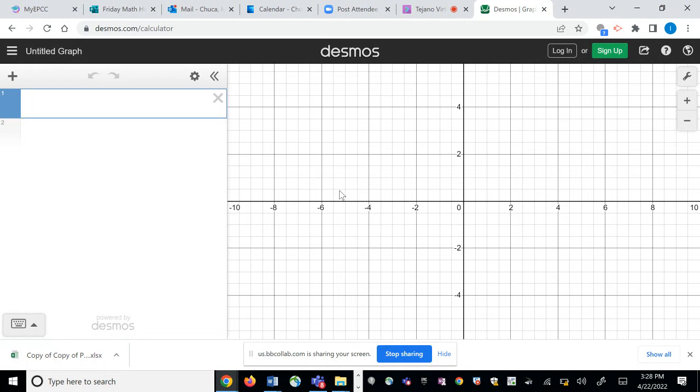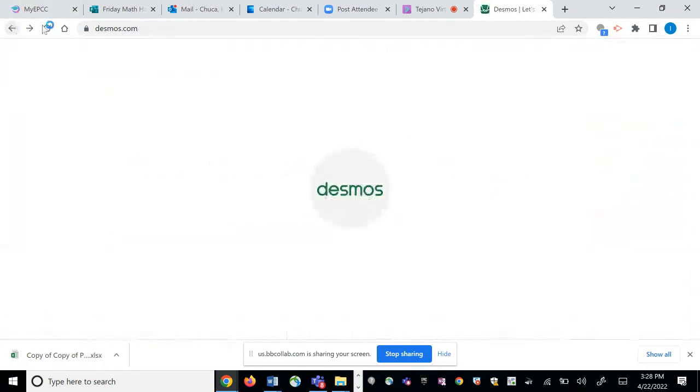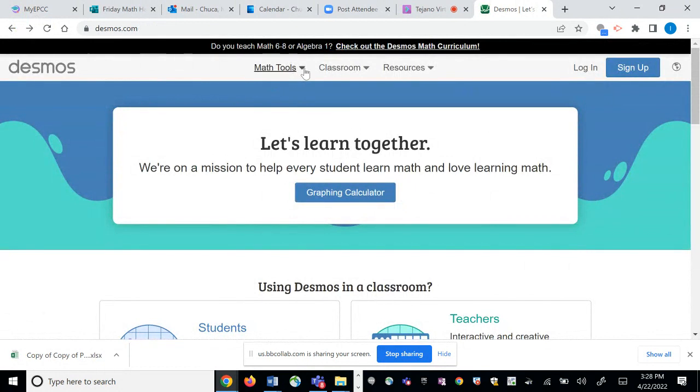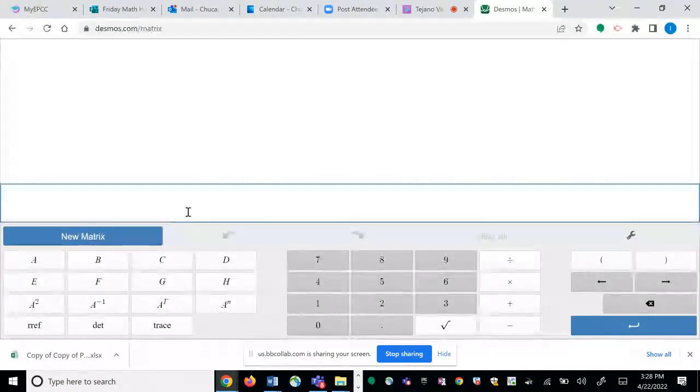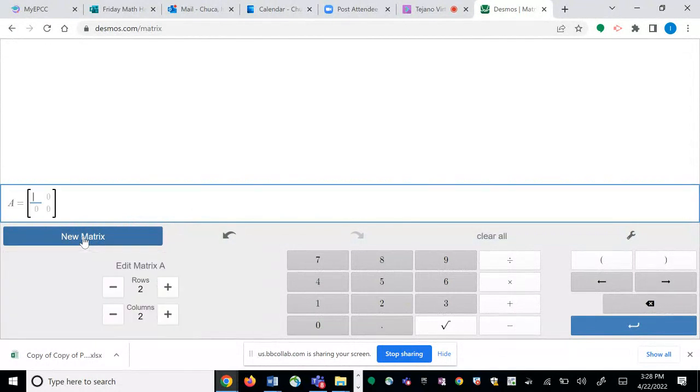All right. So if you go to decimals, at the top, you have this key here that says Math Tools. So if you click on it, there's a matrix calculator. So if you click on matrix calculator, you want to click on new matrix.